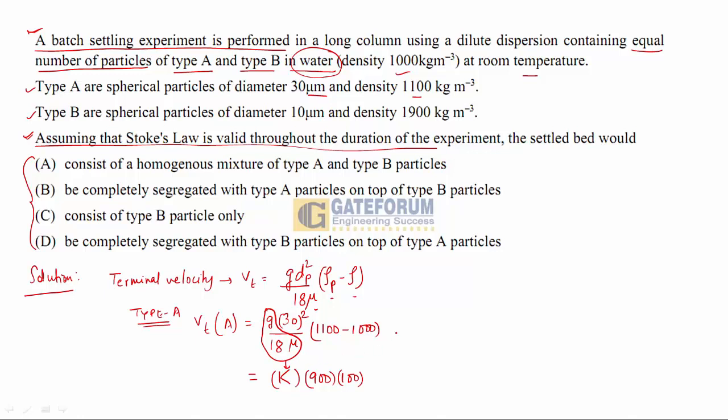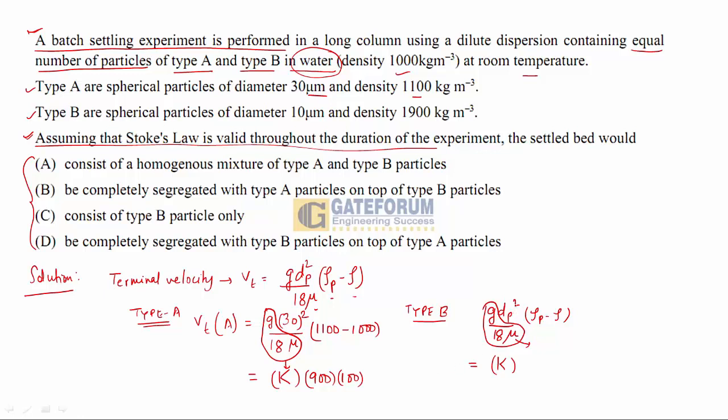Okay, now let us calculate for type B. The formula will remain same, g d square by 18 mu into rho p minus rho. Again g by 18 mu is same. Now mu is not changing because mu is the viscosity of the fluid, and in both the experiments we are using water as the fluid, so this will be K only, as I have taken here.